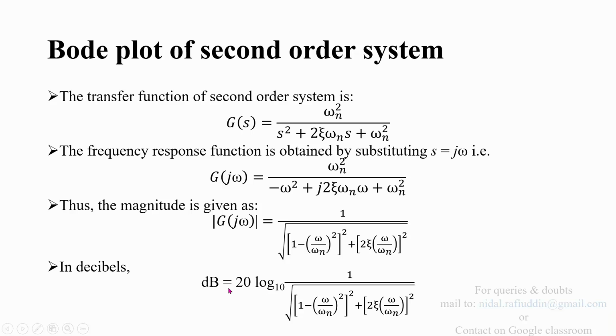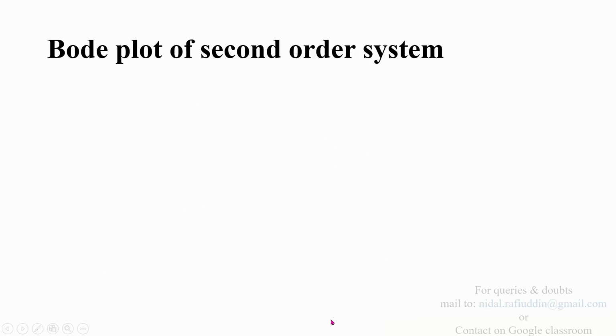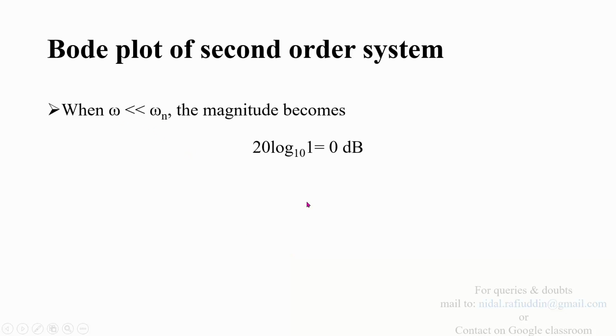So what we are left with in the denominator is simply under root 1, for omega much less than omega n. So the magnitude that we get is 20 log to the base 10 of 1, which is 0.